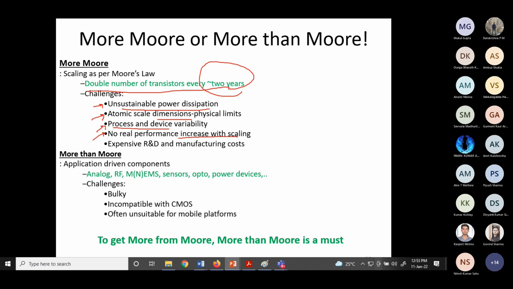So now we are not only talking about reducing the dimension; we are talking about more than more. We not only want to reduce the dimension, we want more functionality. But this more functionality makes things a little bit bulky.